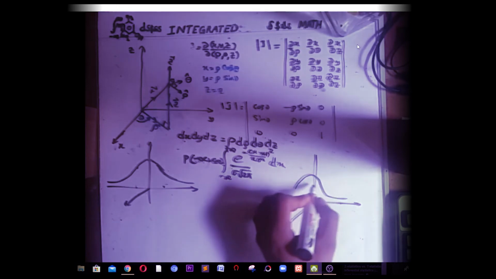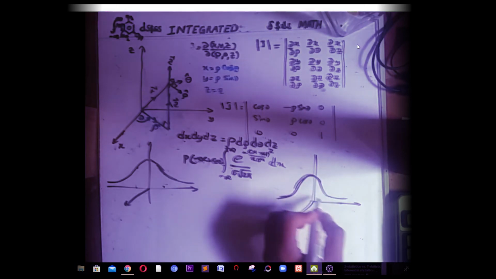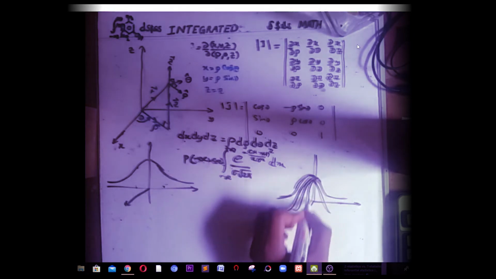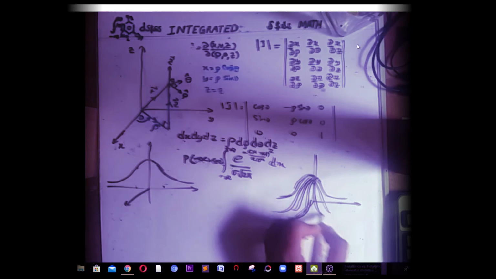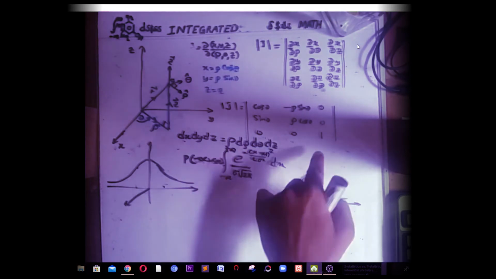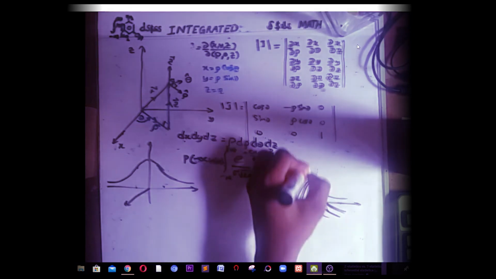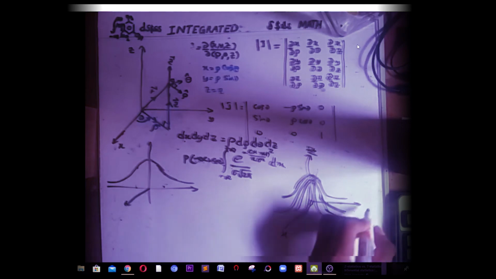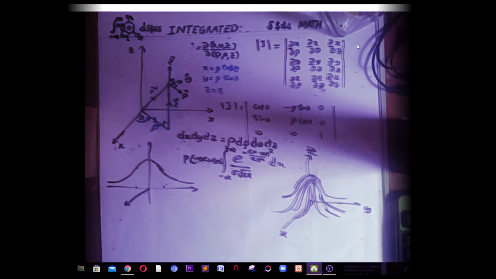If you rotate it about the z-axis, I try my best when I'm drawing it. This is the z-axis, and this is x, y. Let me show you why I am rotating this about the z-axis.